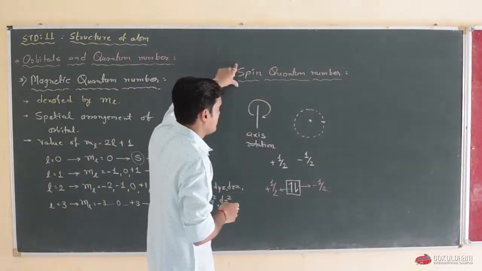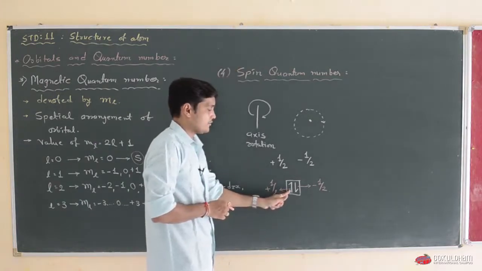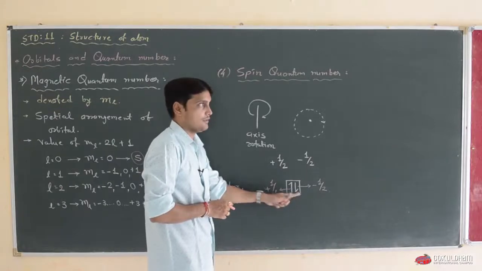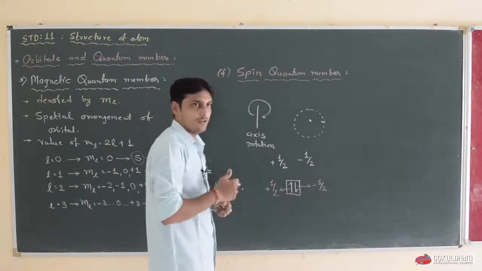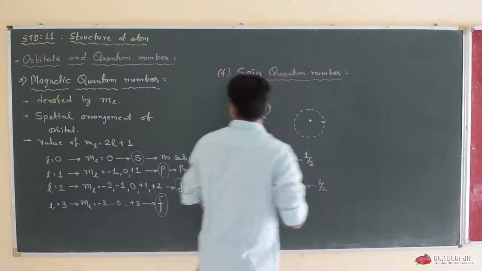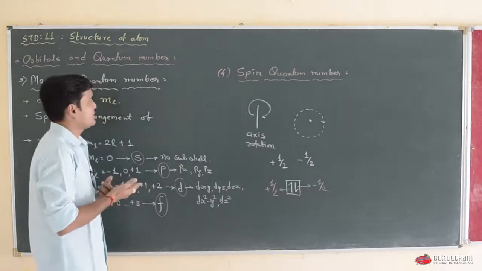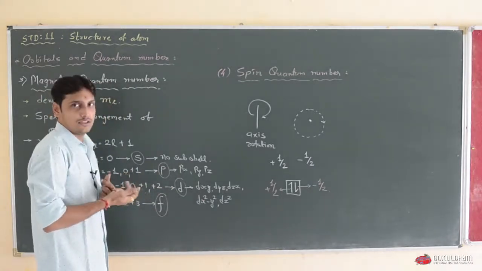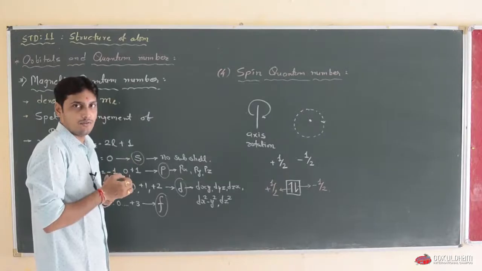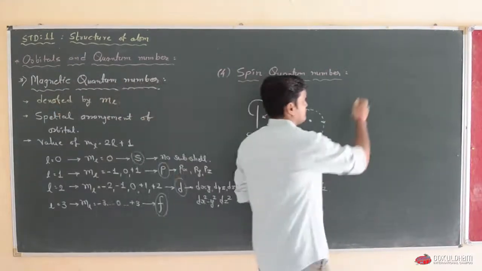So spin quantum number can give the value of plus one half and minus one half for two electrons in an orbital. So these are the four major types of quantum numbers. And after this theory, we are going to discuss the shape of orbitals.